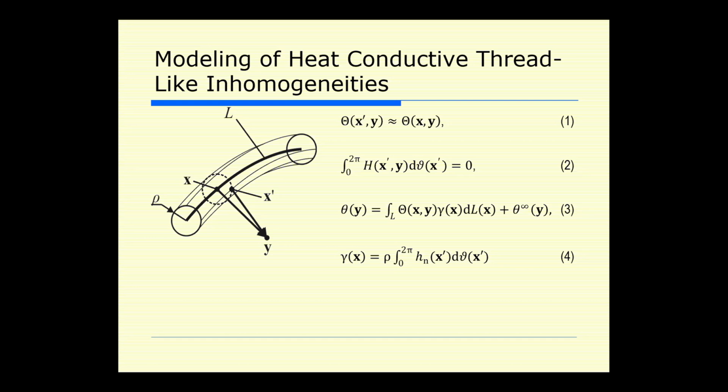And we assume that theta, the temperature at x prime, is approximately equal to theta at x. So we have here this definite integral equal to 0, and from this we want to find the temperature at point y by using equation 3, and the influence function gamma of x can be obtained using equation 4.